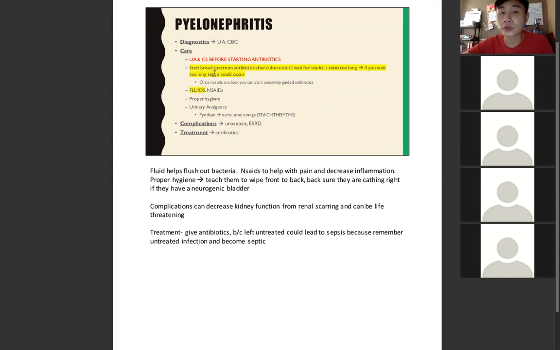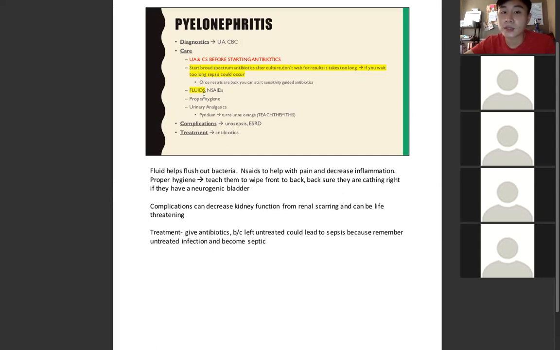So this is crucial to remember: we never want to do a culture after the antibiotic has been started. We have to do the culture before the antibiotic. Right after we get the culture, we immediately put them on a broad-spectrum antibiotic. Then, after we have the culture result, we can use a specific antibiotic to target the specific bacteria that was found.